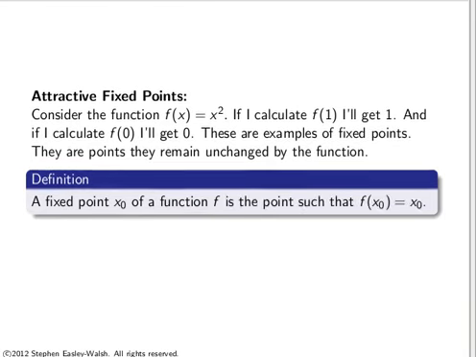There we go. A fixed point x0 of a function f is the point such that f(x0) equals x0. So what we're going to look at today is how you can find these points for the function f.